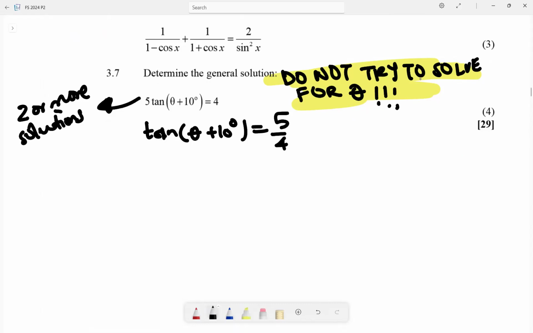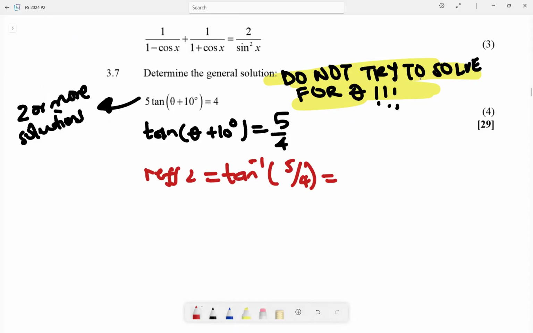Now, how can I use this? I'm going to first find my reference angle. For my reference angle, I can do this.